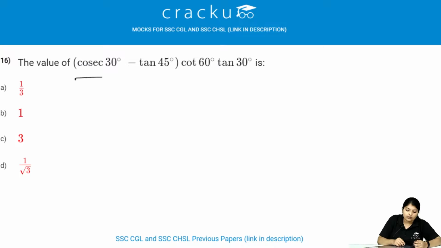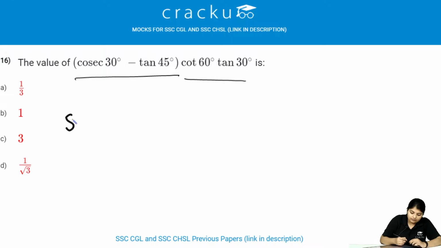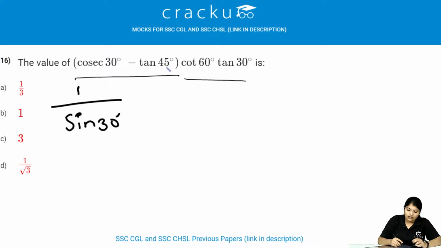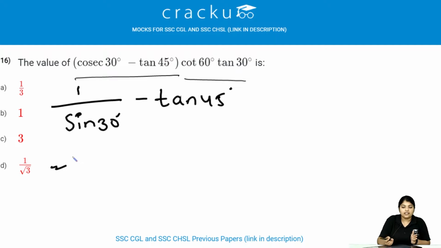The value of cosecant 30 minus tan 45 into cot 60 into tan 30. See, cosecant 30 is 1 by sin 30. Sin 30 is half, so 1 by sin 30 is 2.